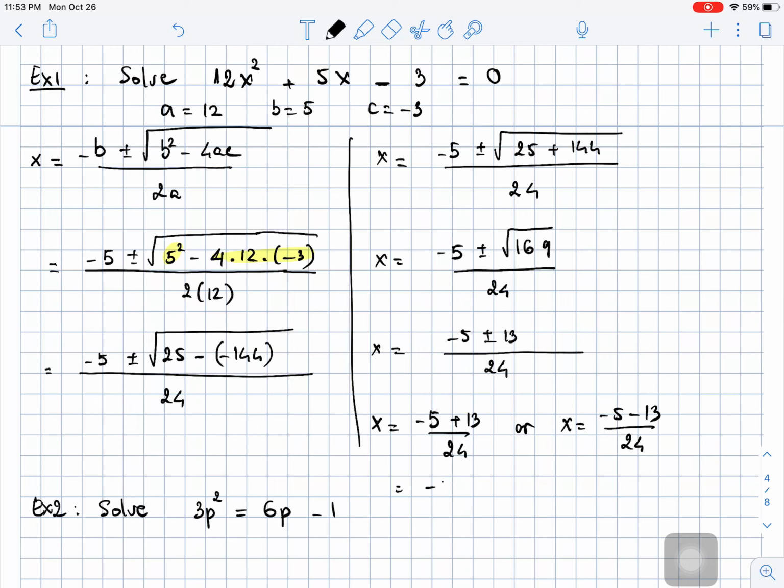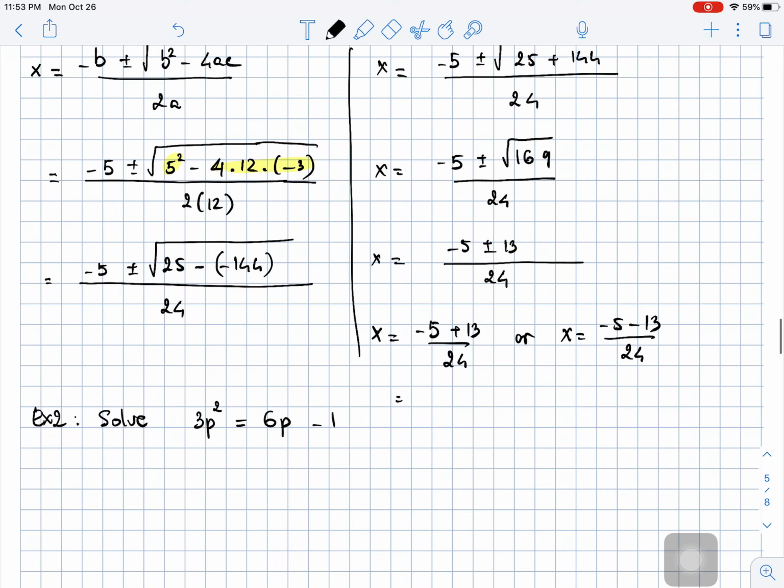It is 13. Then we separate the plus and the minus to simplify more for x. So x equals negative 5 plus 13 divided by 24, or x equals negative 5 minus 13 divided by 24.